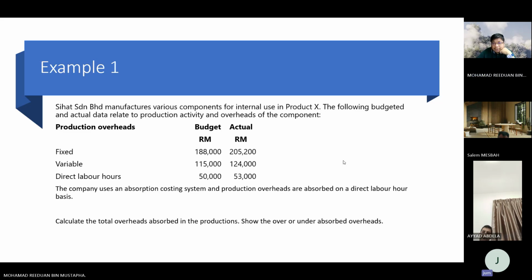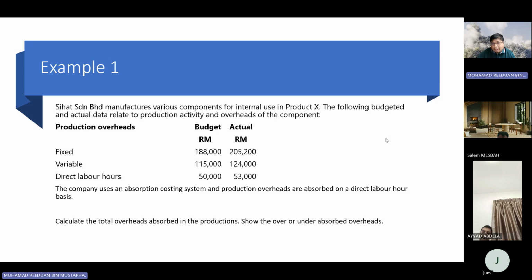Okay. Before this, you can try, but I just want to explain that first you need to find the OAR per direct labor hour, which means how much the OAR is, and then you divide by the labor hours.